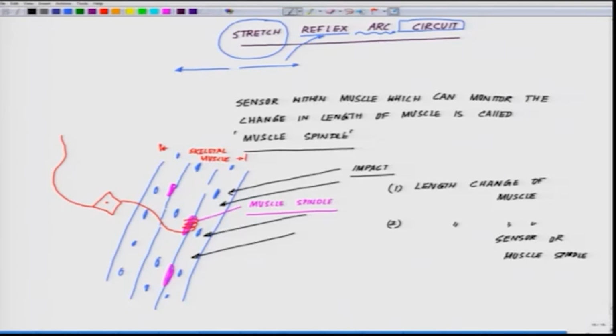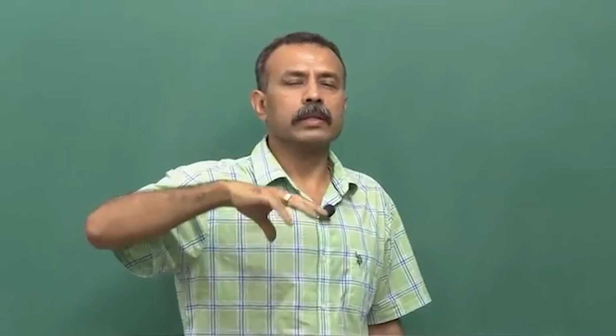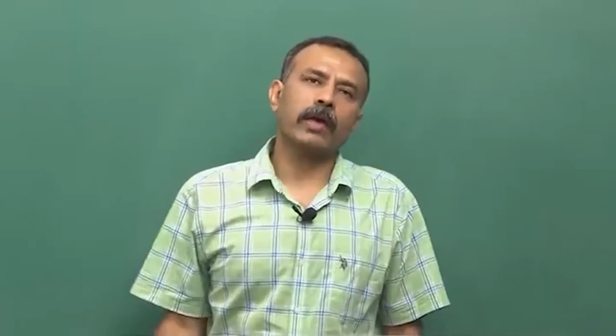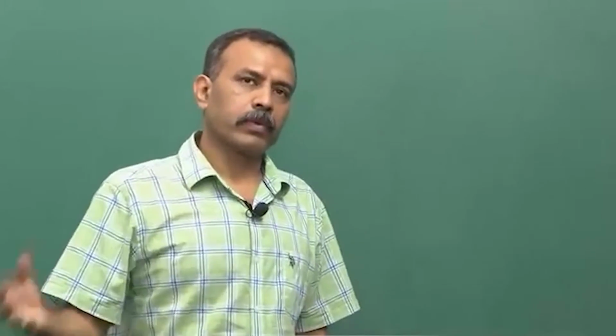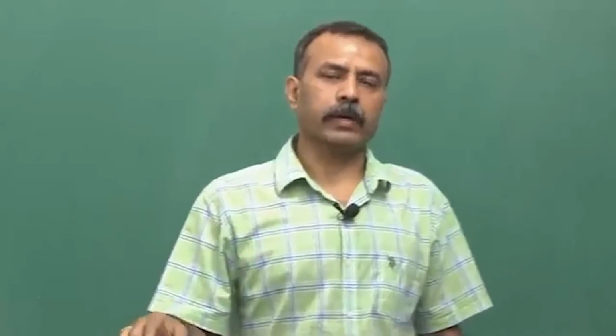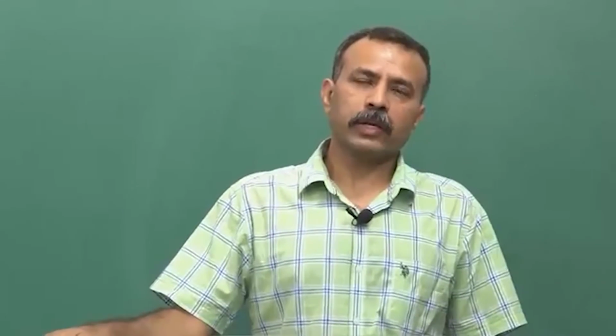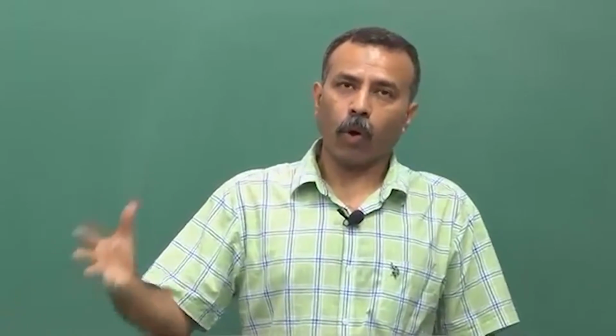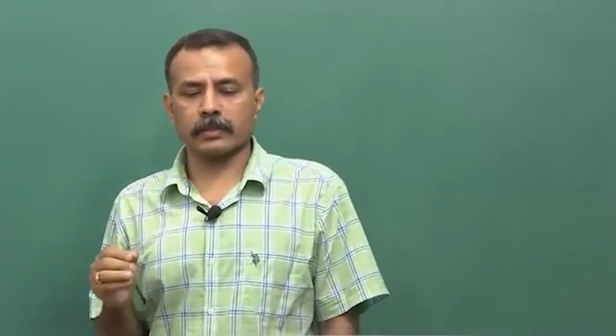Okay. So try to imagine the situation. The muscle, in this case the whole muscle, is your effector, where the effect is happening. So there is a change in it, and on the muscle there are muscle sensors.